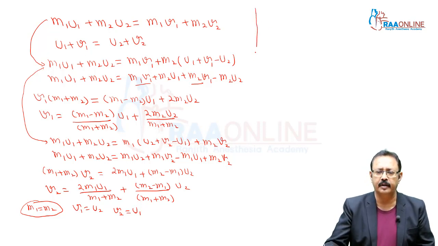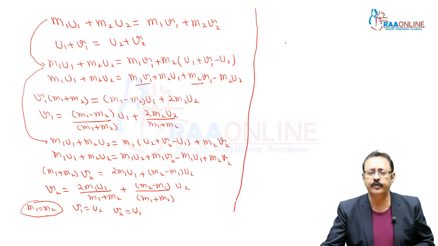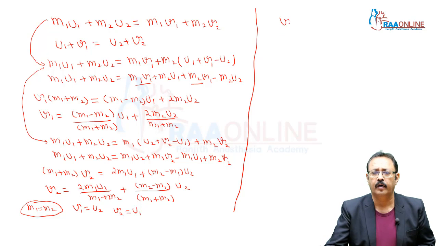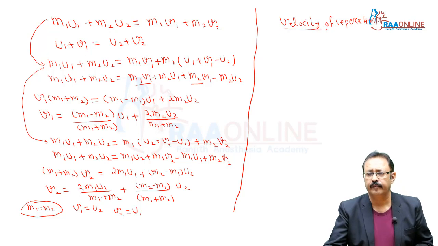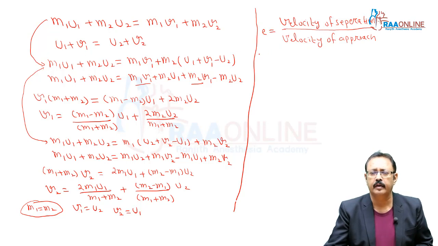If two-dimensional, one more thing is this: if you are taking the ratio of velocity of separation divided by velocity of approach, this is denoted by E, the coefficient of restitution.